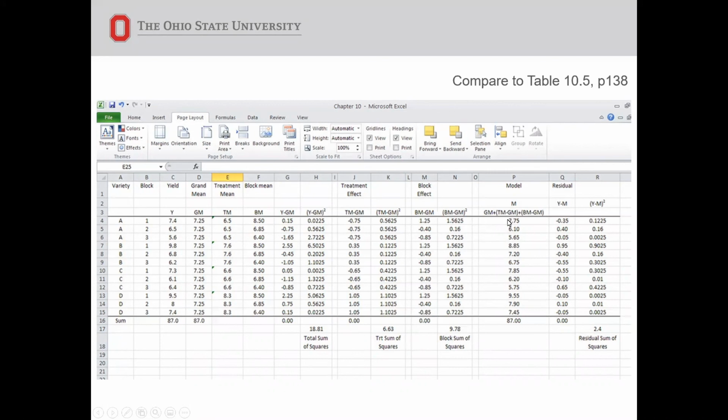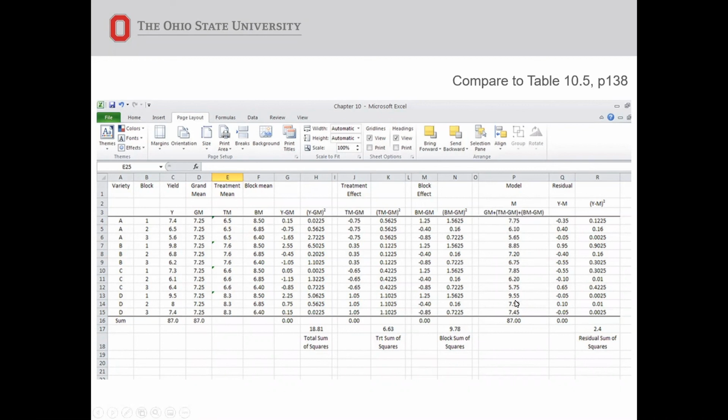So to calculate the model, we can do this computationally as the grand mean plus the treatment mean minus the grand mean, that is the treatment effect, plus the block mean minus the grand mean, which is the block effect. So here we can see the model statement that defines the calculations for this experimental design: the grand mean plus the treatment effect plus the block effect.